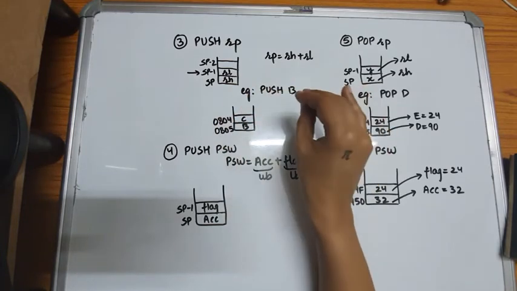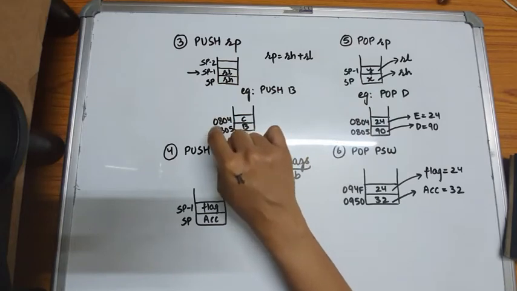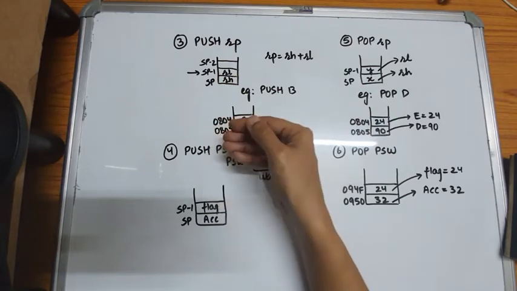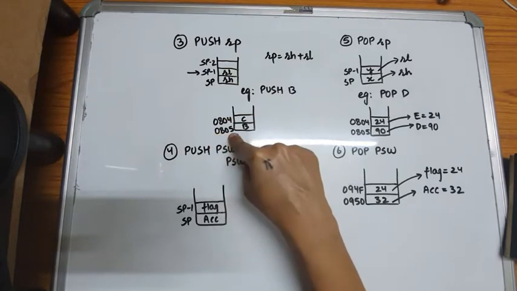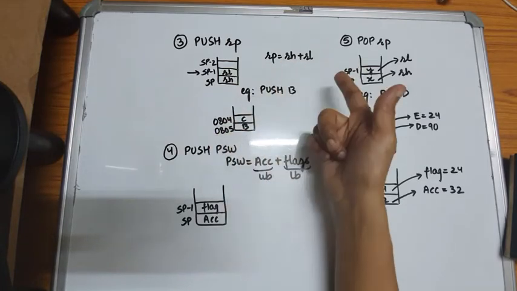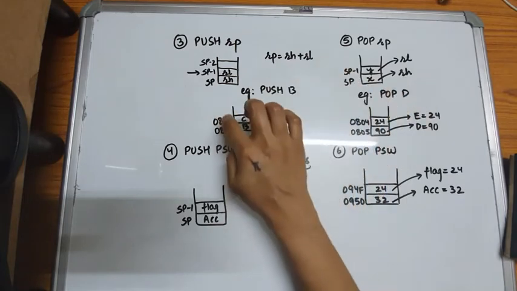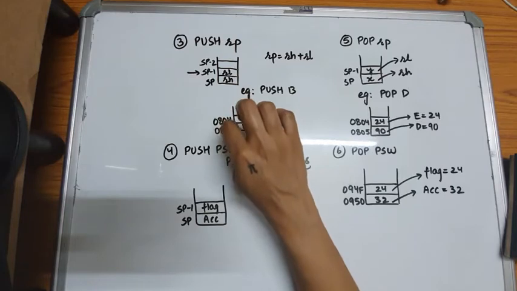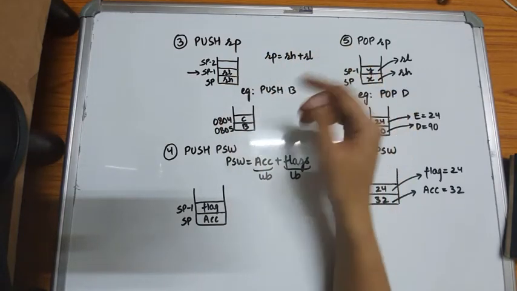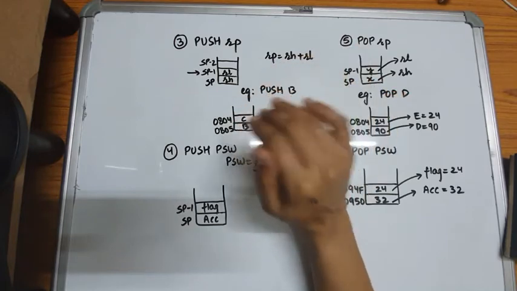Please note very clearly, of 0804 and 0805, what is the higher address? 0805. So 0805 will take the contents of the upper register, which is B, and 0804 is the lower address among these two, so the lower address will take the value of the lower register.